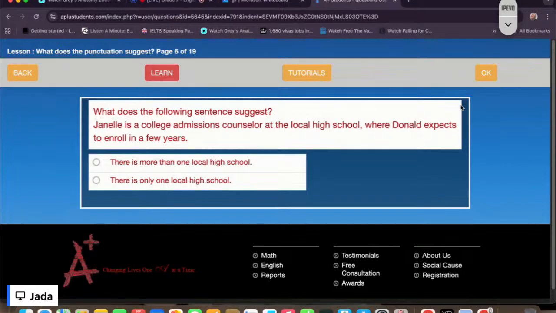January is a college admission counselor at the local high school where Donald expects to enroll in a few years. First or second?